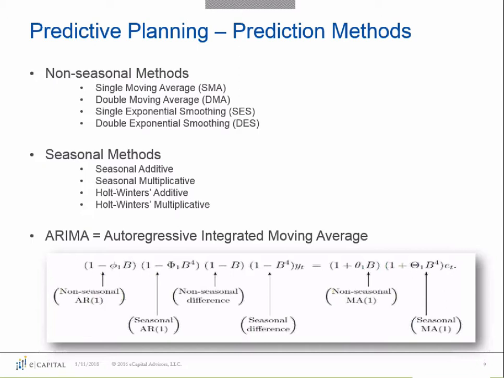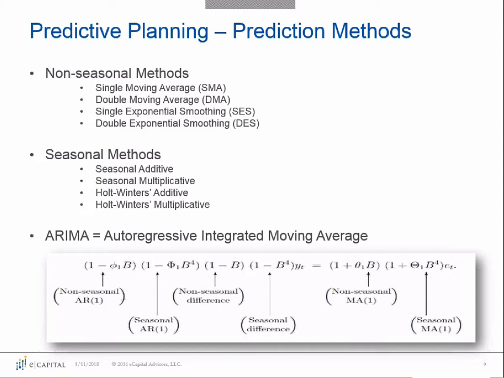Looking at the non-seasonal single moving average, this is a way to average the last several periods and project the last average value going forward. So it's best for volatile data with no trend and no seasonality. It's going to result in a straight line prediction. Again, each of these methods is going to be best for a different case of whatever your data looks like.